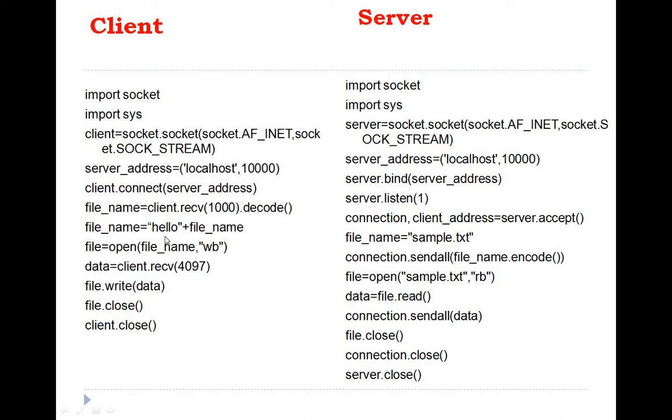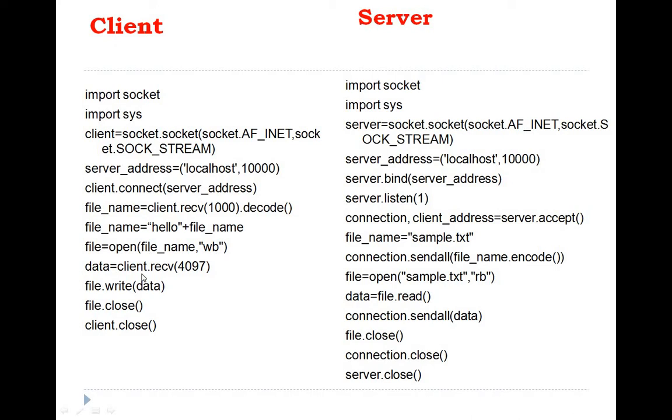While I'm storing the file, I'm not storing it as it is. I'm going to include one more word, hello, in front of the file name. Suppose it is sample, I'm storing it as hello sample. So hello plus file name will be stored as the file name now. Now that we have received the file name, I'm going to open this file in write binary mode.